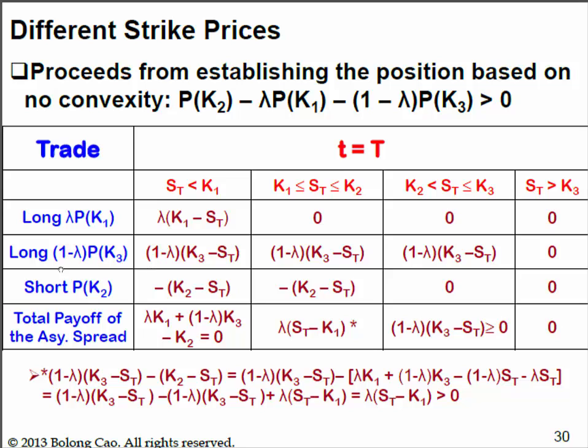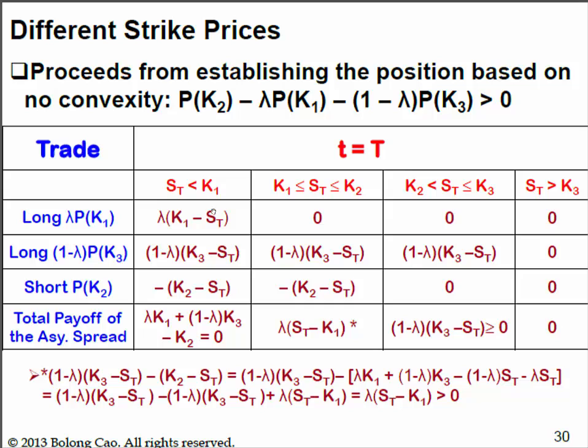And for the high strike put, K3 minus the underlying price at expiration, times its proportion, the weight, 1 minus lambda. Those are two positive payoffs. And for the short middle strike put, it's the negative of K2 minus the underlying price. So that's my payoff.